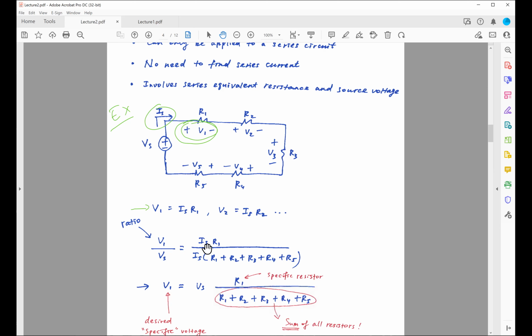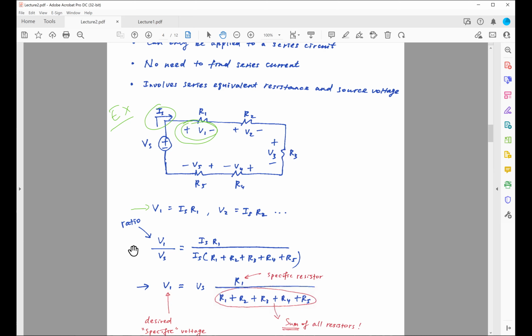So V1 is simply equal to IS times R1, which is what I just showed using Ohm's law, over Vs, and this Vs is nothing but IS times the sum of R1 all the way to R5. This is what we derived earlier, right? We were able to lump all these resistors into one single resistor, which I call RS, and RS is the summation of R1, R2, R3, R4, and R5.